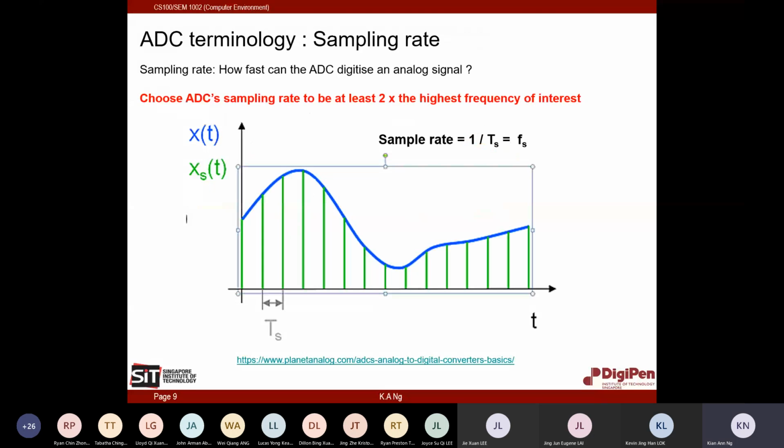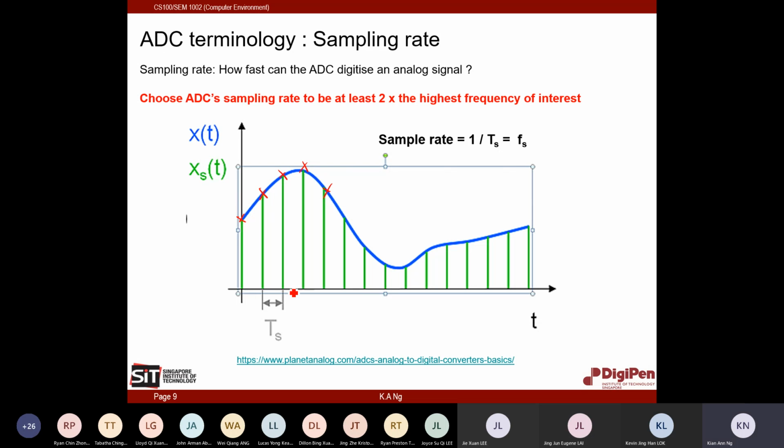The next parameter when you go shopping for an ADC is the sampling rate. A to D converters always do sampling. What do I mean by sampling? You have an analog signal, and the A to D converter will repeatedly sample the signal. A to D converters usually have a clock, and they will keep sampling.